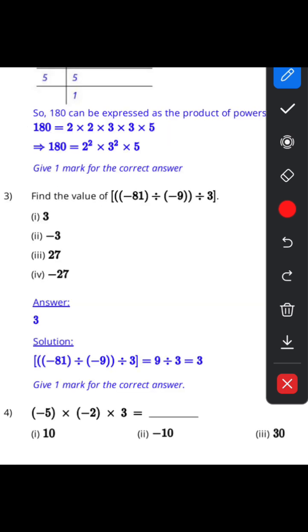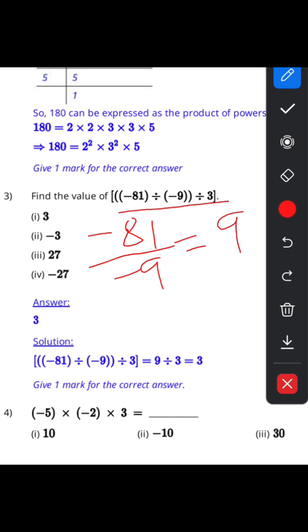Now the next question is minus 81 divided by minus 9 in brackets, and again divided by 3. First we solve the bracket. Minus 81 divided by minus 9, both are negative integers, and we get a positive integer, that is 9, since 9 nines are 81.